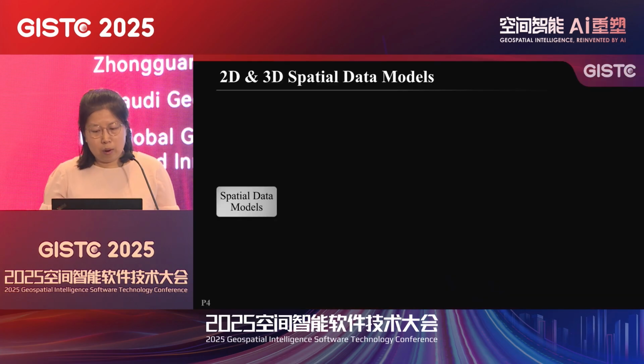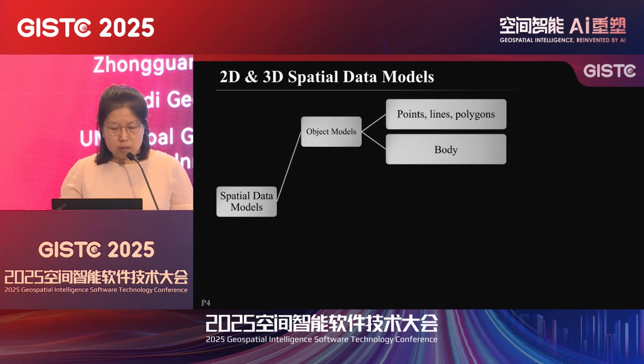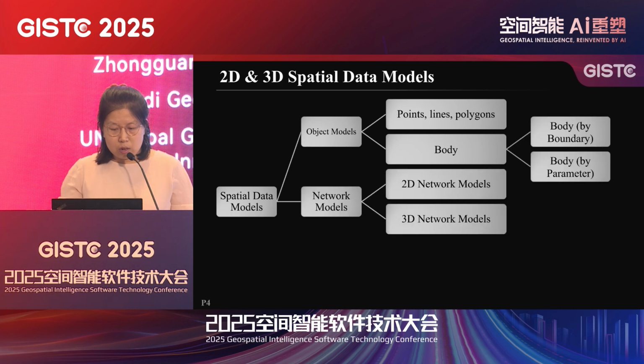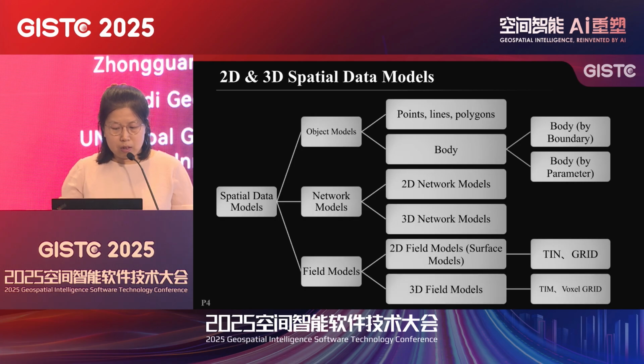SuperMap supports a wide range of 2D and 3D spatial data models, mainly in 3 categories: object models, including 2D and 3D points, lines, polygons, and bodies, and network models covering both 2D and 3D network data, and field models such as 2D rasters and grids, and 3D models like raster and voxel grids. Different types of 3D model data are suited for different application scenarios.